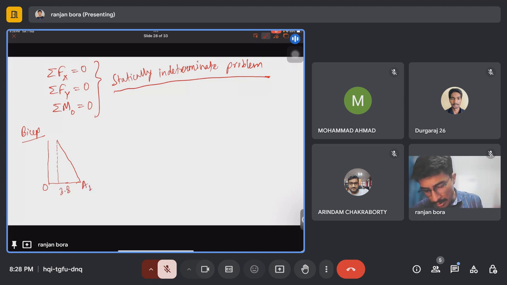This is 3.8, this is given as 0.02, and this is 0.32. We need to find this OD. OD is the moment arm of the biceps muscle. So how will we find it? First we will find this angle.